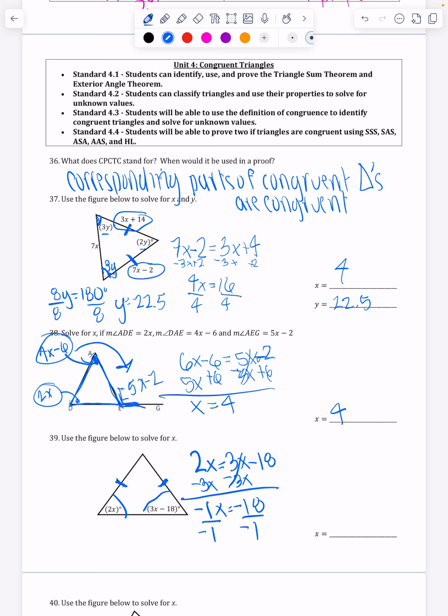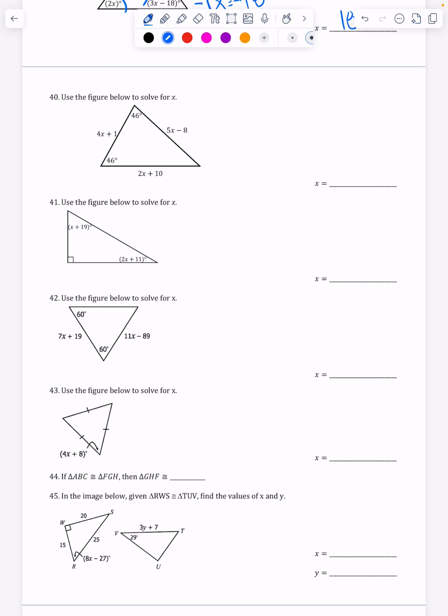And now I'm going to scroll on down here, and it says use the figure below to solve for x. Well, because it shows me these two angles are equal, I know it's an isosceles triangle, which means I know those two sides are equal. Kind of confusing, huh?